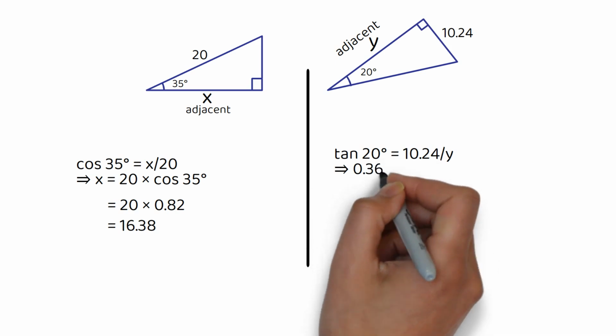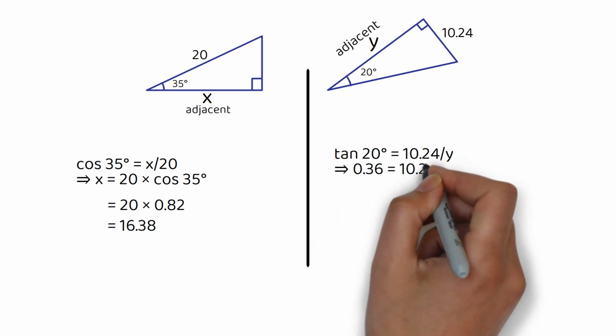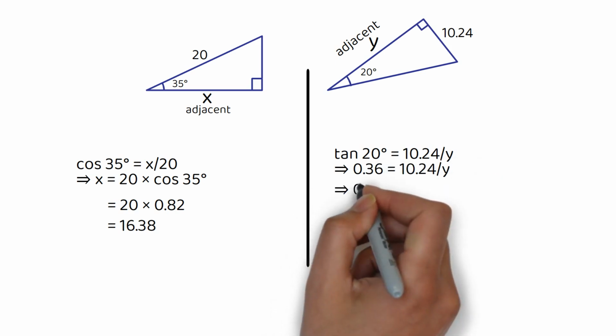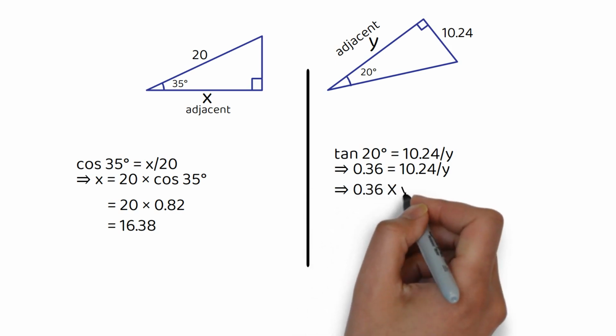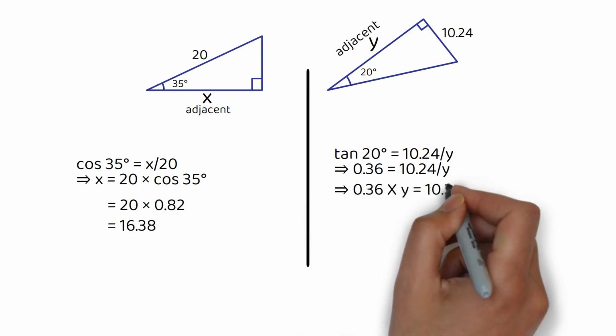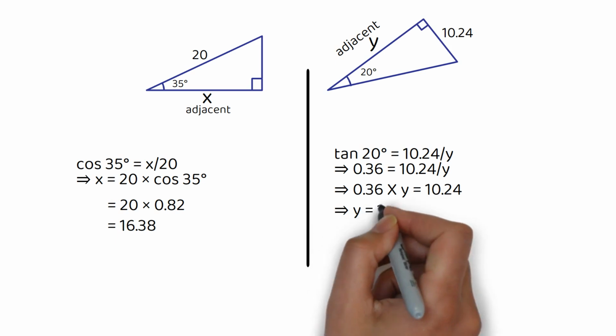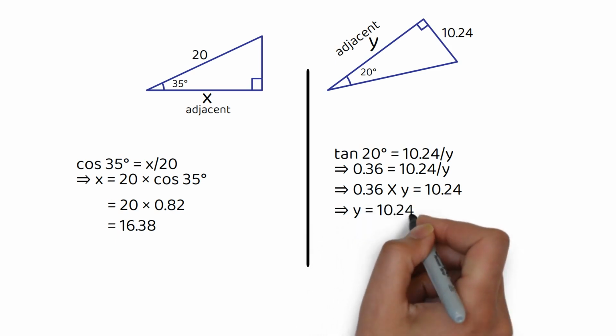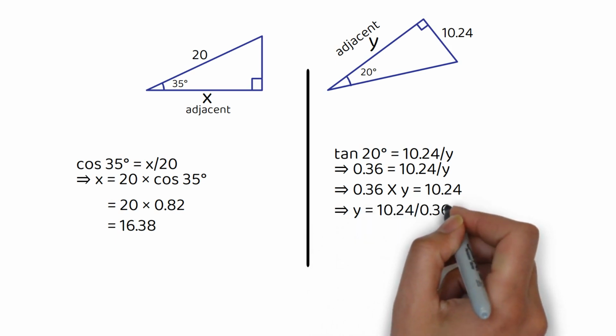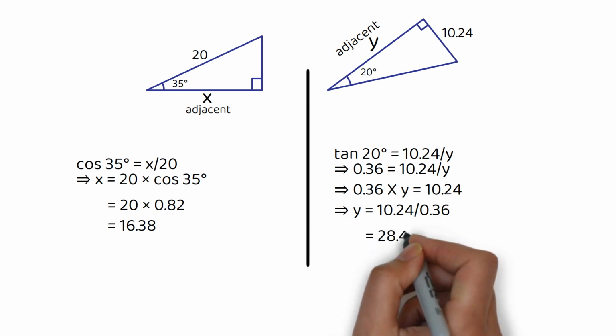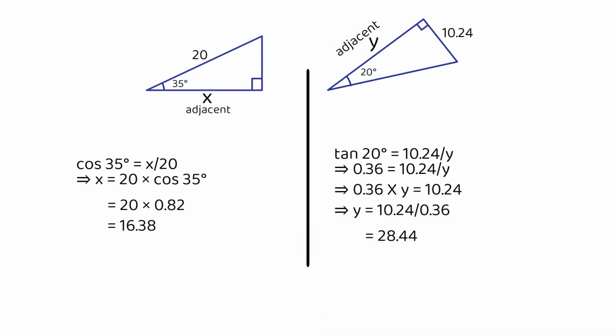The tangent of 20, as we can see in a calculator or look up, is 0.36. So 0.36 equals 10.24 divided by y, which is the same as 0.36 times y equals 10.24. If we divide each side by 0.36, we've got y equals 10.24 divided by 0.36, and so y equals approximately 28.44.